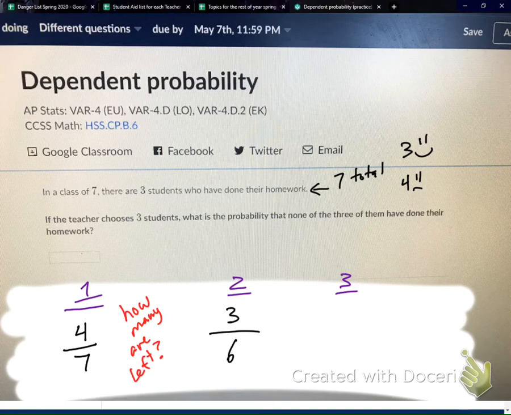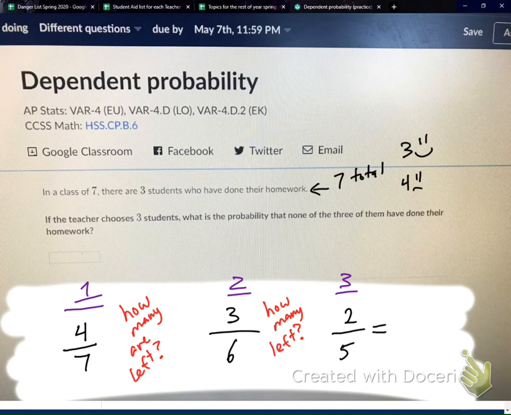And again, I have to ask the same question. And again, if I have made this choice already, then that means that I now only have 2 students left that have not done their homework, and 5 students total that are left in this selection. So those are all 3 of my choices.